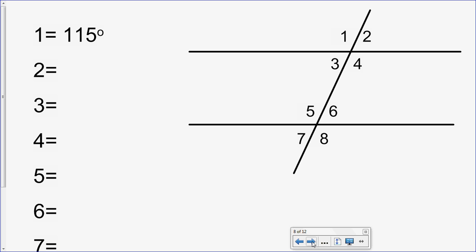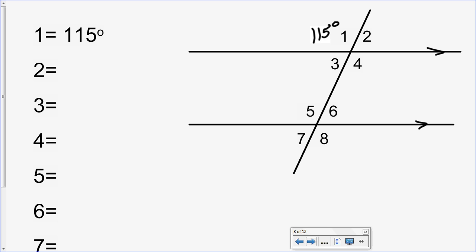So, the most important part to these types of problems is to write in your drawing. It's going to help you. So when we say that 1 is equal to 115 degrees, this is missing a parallel lines symbol, by the way. Okay?